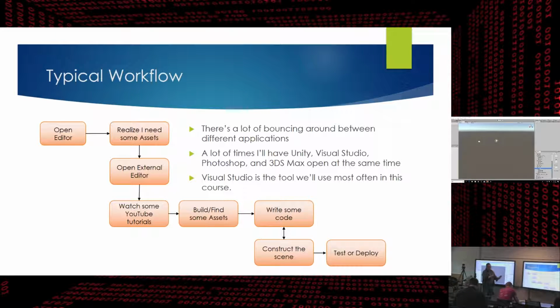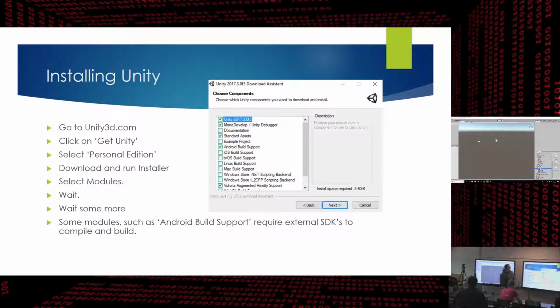I bounce back and forth between designing the scene in the editor, writing code in Visual Studio, and because it's such a complicated environment, I'm almost always trying to find some sort of tutorials, some sort of reference. And we're getting to a point where there's actually a lot of information out there. Which is good, because nobody likes to learn things by trial and error.